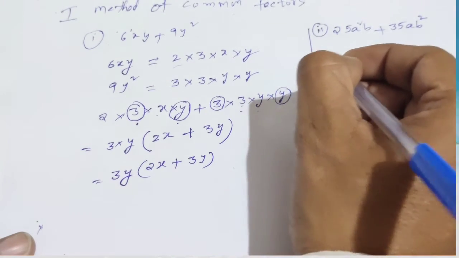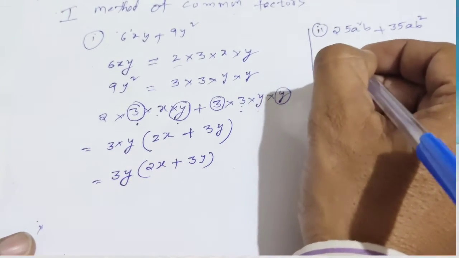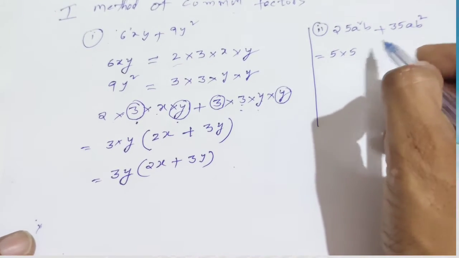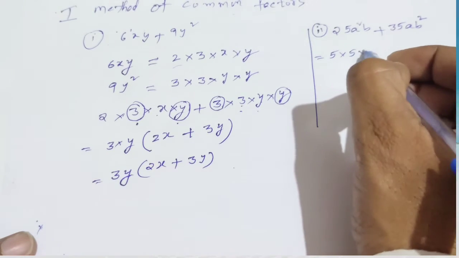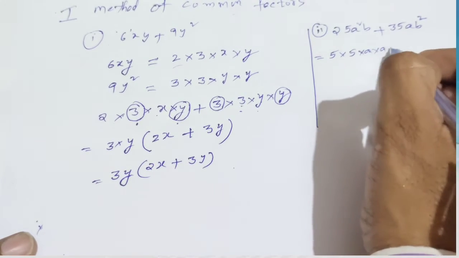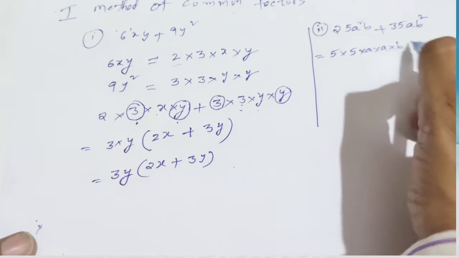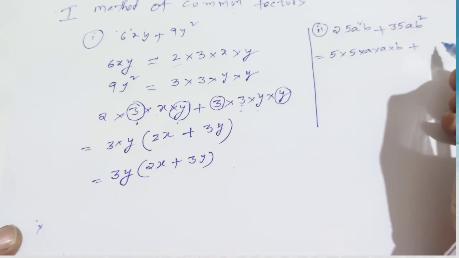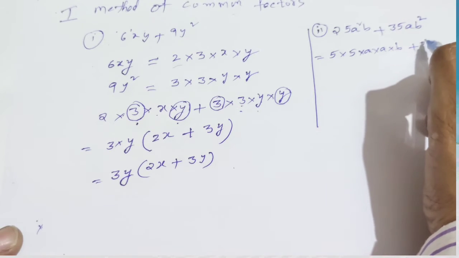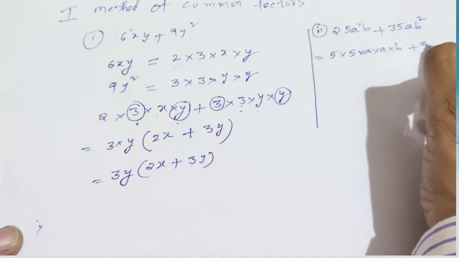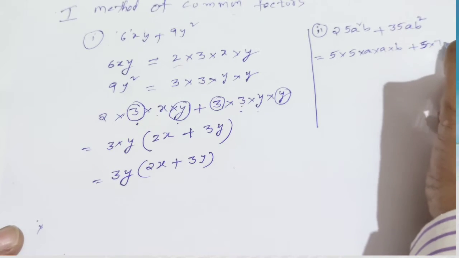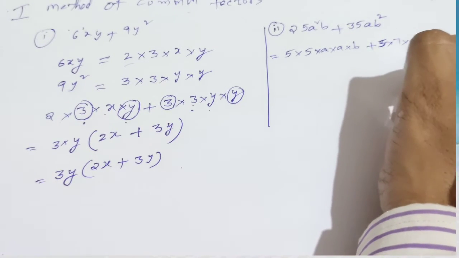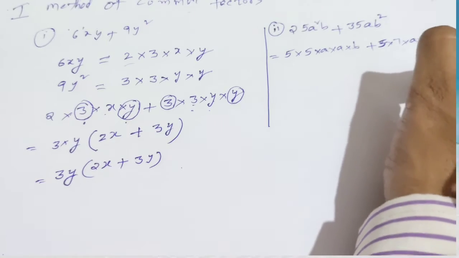Now 25 can be written as 5 into 5, and then a square is a into a, and b itself b, plus 35 can be written as 5 into 7, a into b square as b into b.